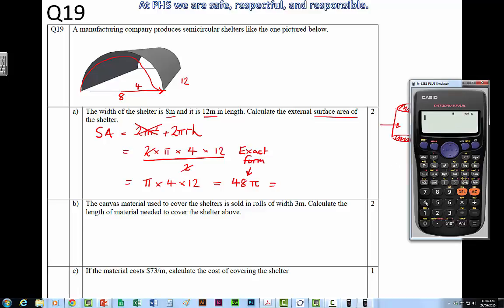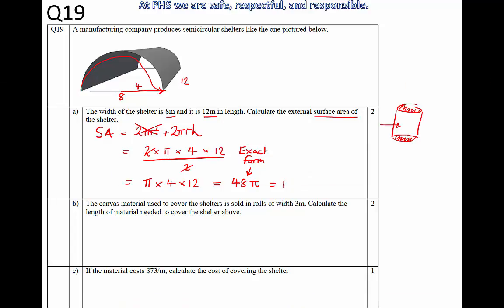Clear that. 48 times shift pi equals. The calculator's telling us 48 pi. I want to change that to a decimal, so 150.796, and that's in area, so we're in meters squared.